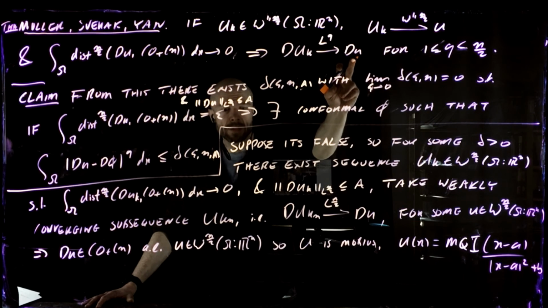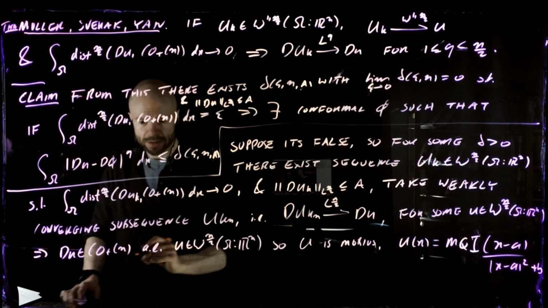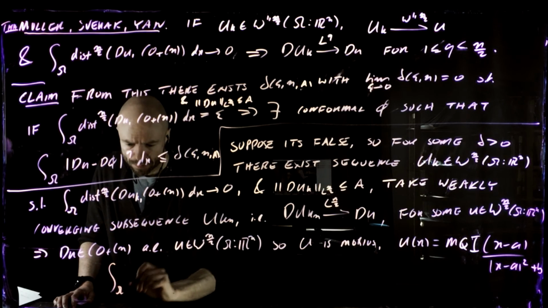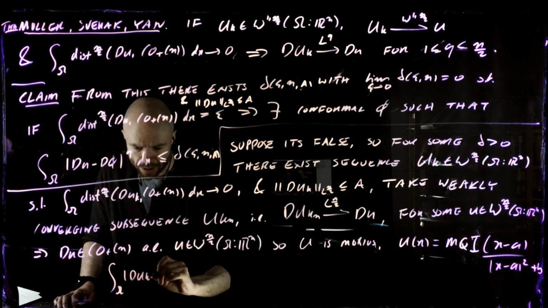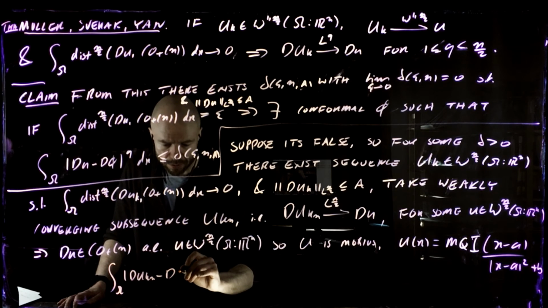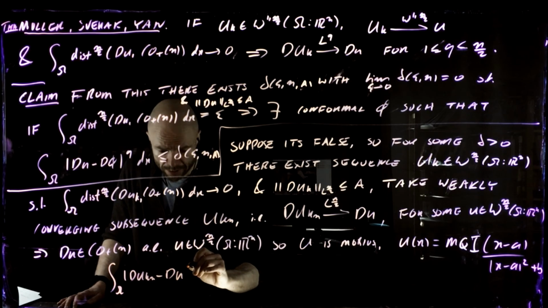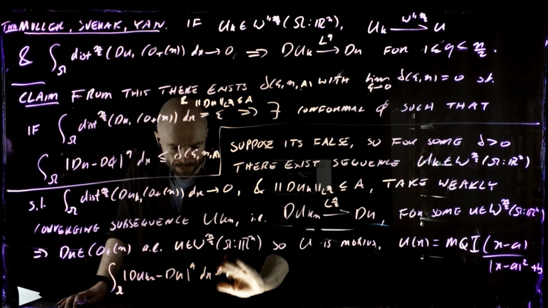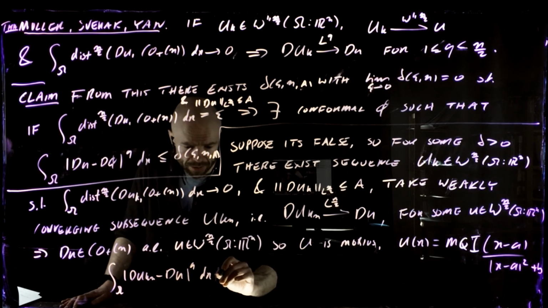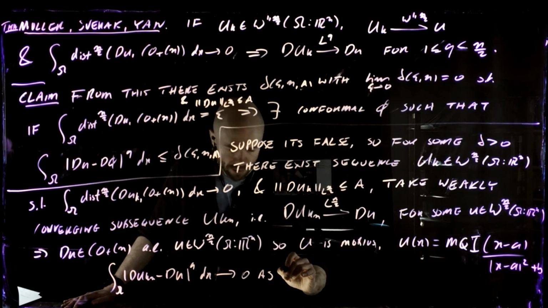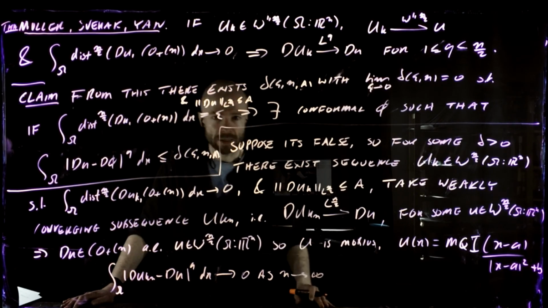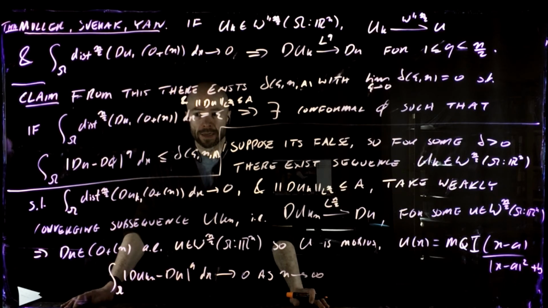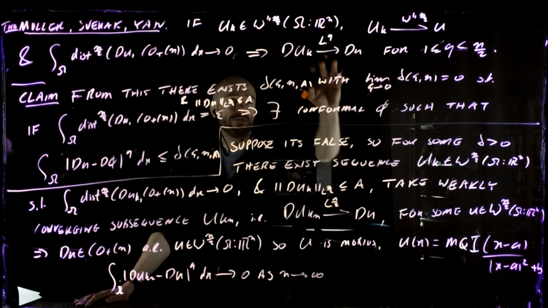So therefore, the conclusion is that the integral of the gradient of u_n minus the gradient of u, which now is this Mobius thing, to the power q dx is going down to 0 as n goes to infinity, because that is the conclusion of the Muller-Sverak-Yan theorem.